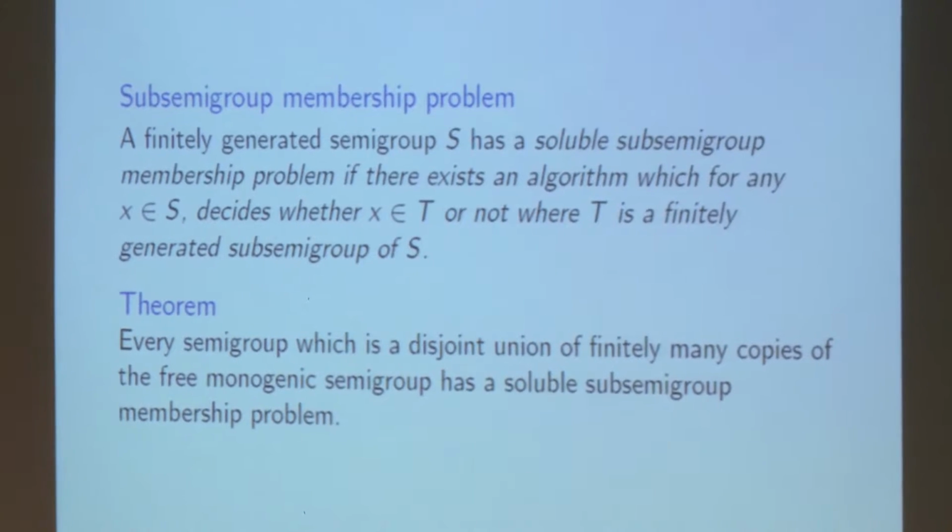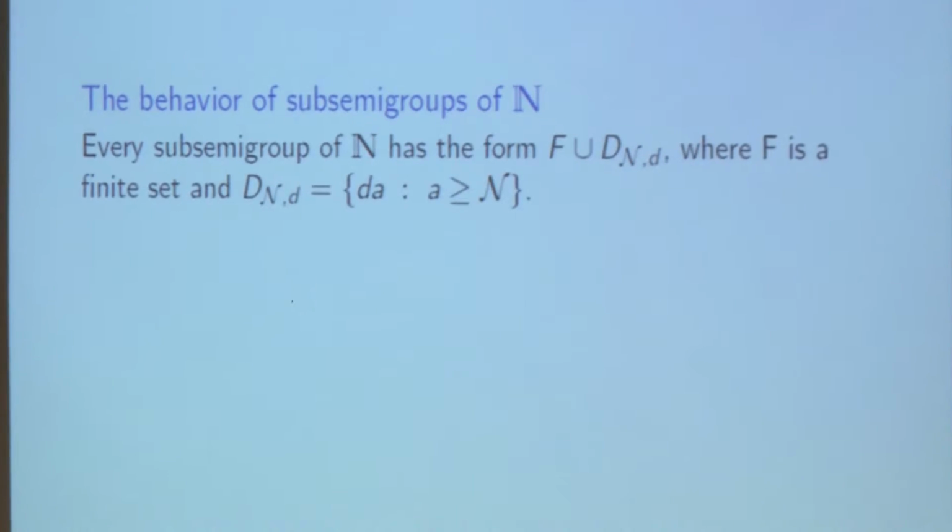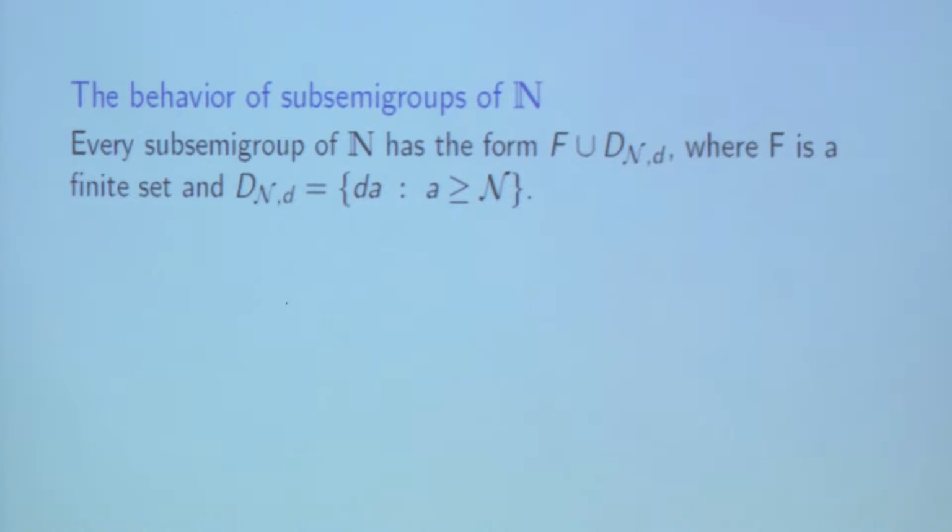But to understand this theorem, first we have to understand very well the behavior of sub-semigroups of N. Now any sub-semigroup of N has the form F union D, which is basically a finite set and an infinite set, and this set has a rule which controls this infinite set.